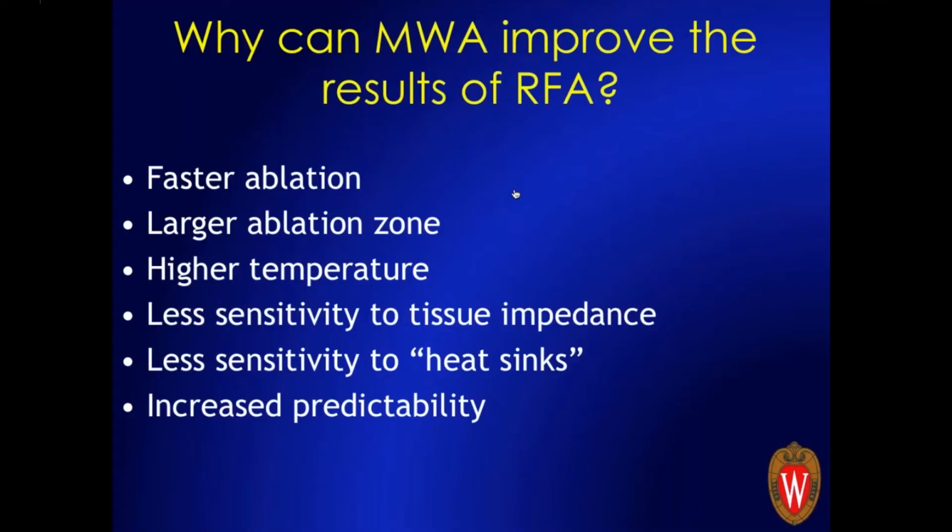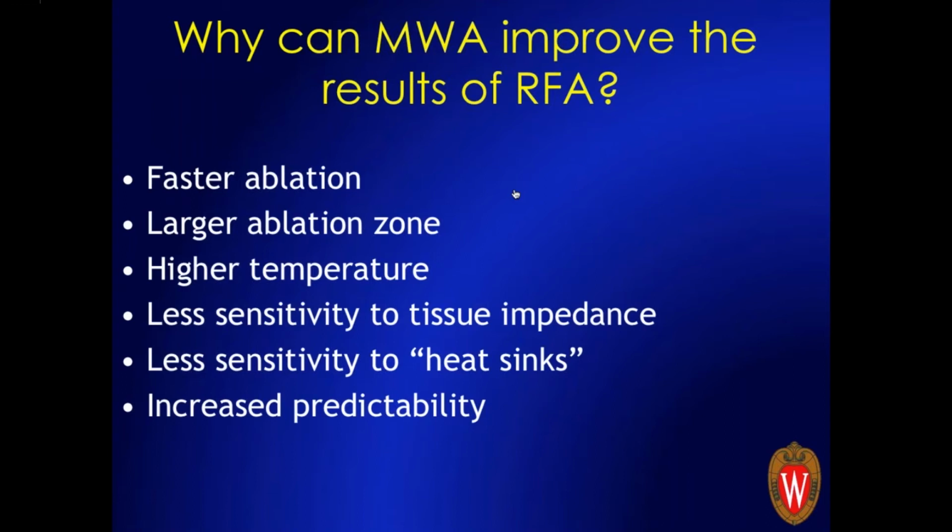But why can microwave improve the results of radiofrequency? Because of a faster ablation, larger ablation zone, higher temperature, less sensitivity to tissue impedance and to the heat-sink effect of the blood vessels, and increased predictability. The less sensitivity is because of the higher temperature and a short ablation.